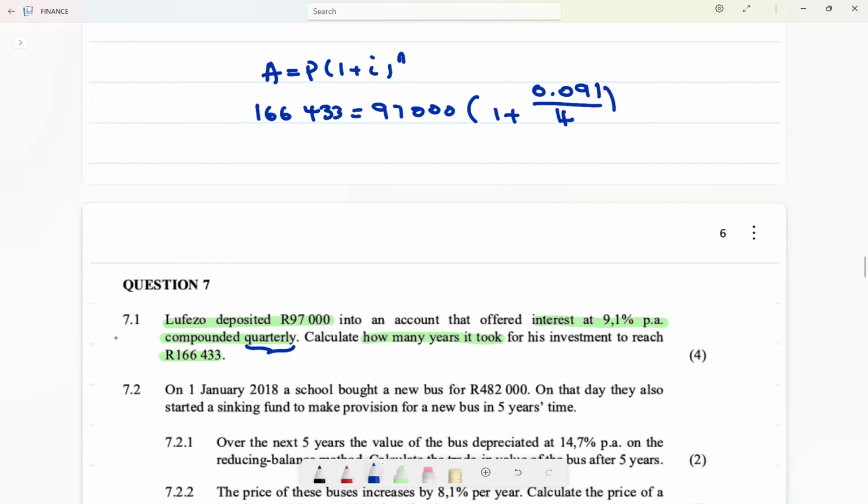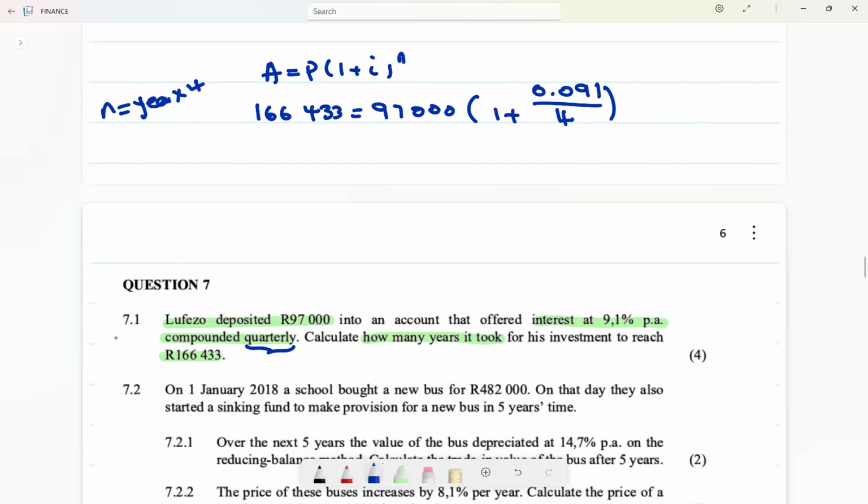We need to know how many years it took for his investment to reach this one. Remember, normally when we find n, it's going to be the number of years multiplied by the period, or the interest received, which is 4.